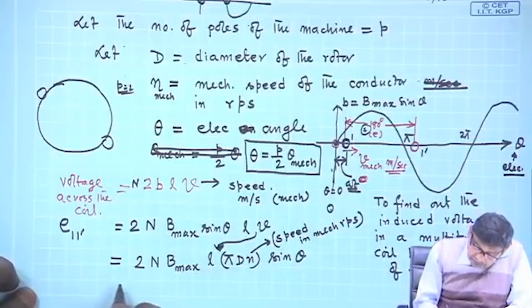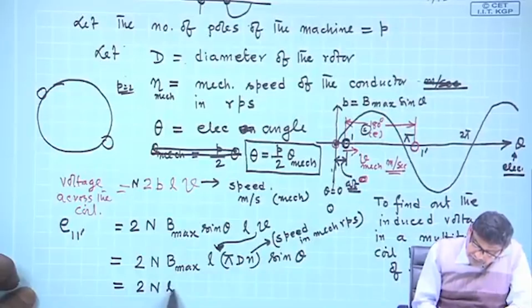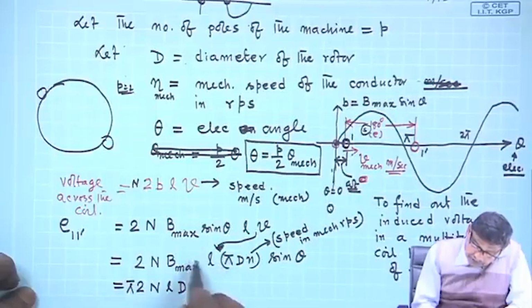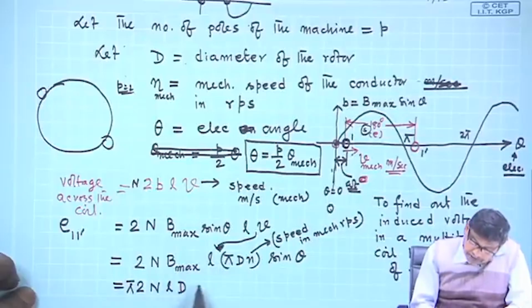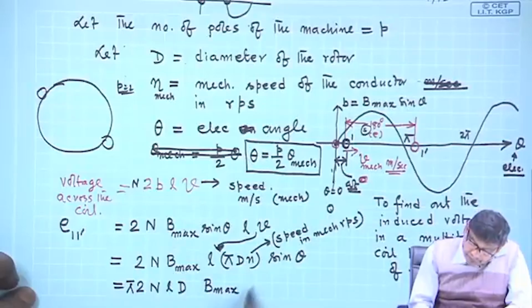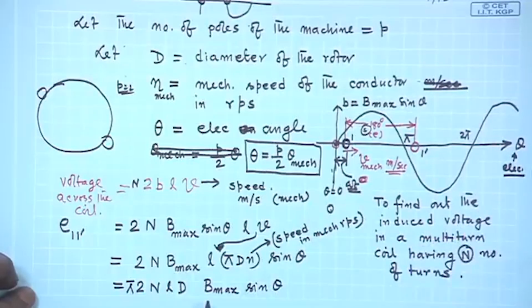Let us bring all the constants: 2, n, L is constant, capital D is constant, pi is constant, B max, sin theta, and then small n. I hope I have taken all the terms. So, this is the velocity here.